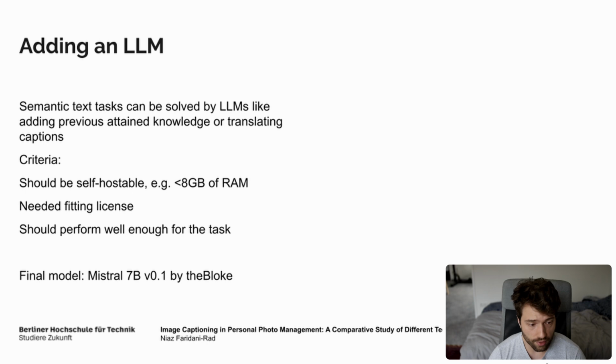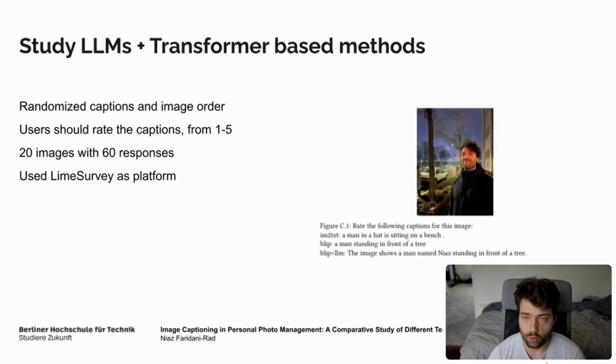Okay, then I had to test, obviously. Does it work? I created a little study in LimeSurvey. I took 20 images from my personal photo collection and created 3 captions for them with the old system, BLIP and BLIP plus LLM.